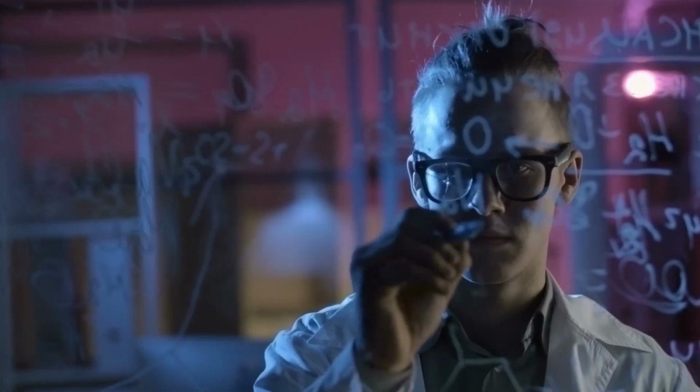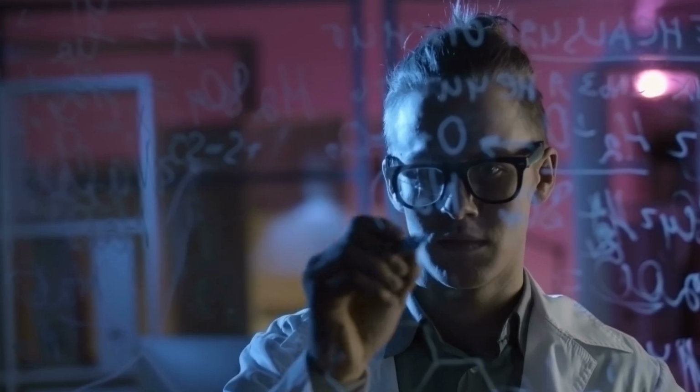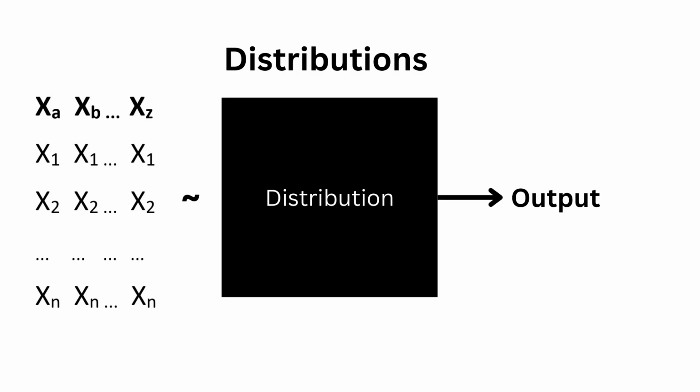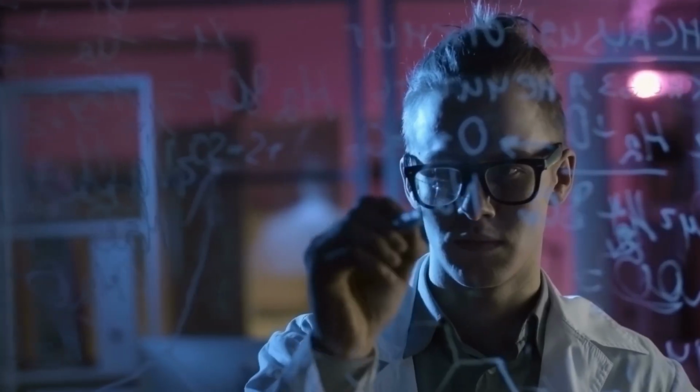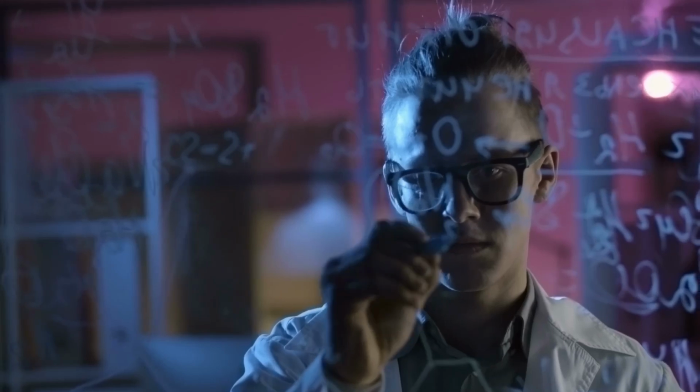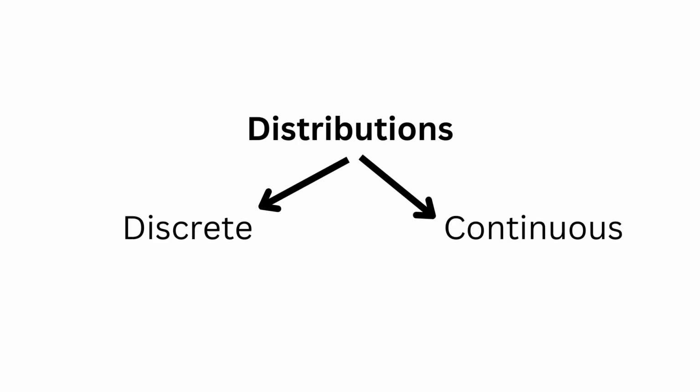As for distributions, same as before in univariate statistics, we use distributions as black boxes to yield a probability. All we need to ascertain is the type of problem, and with it, if the variable is categorical or continuous.